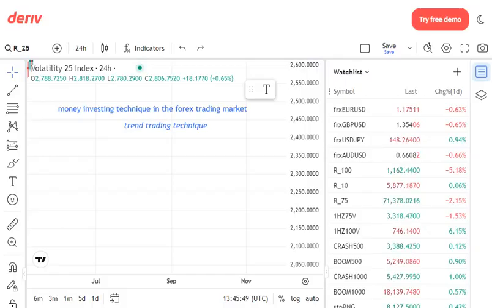Now we are on the third point, which is trading volume. It says it's the largest financial market globally with a daily trading volume exceeding $7 trillion, offering high liquidity and quick transactions. This is the type of market that is most traded.